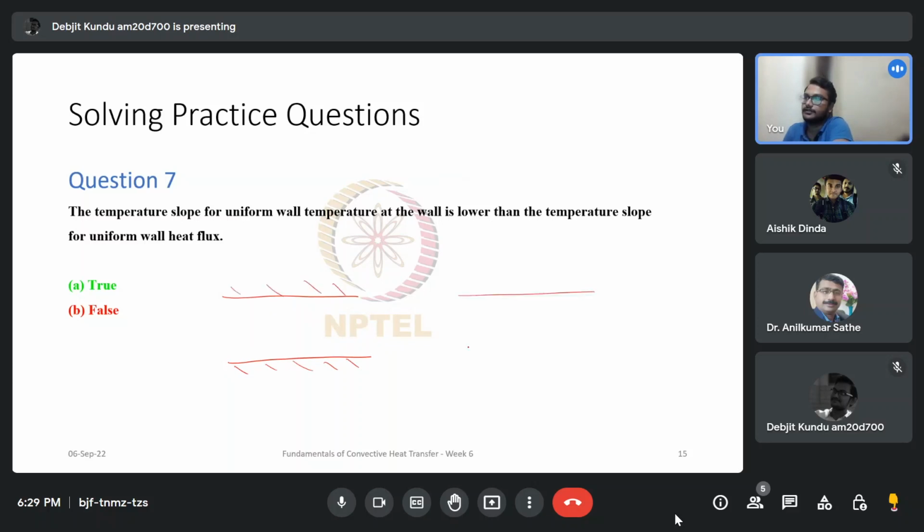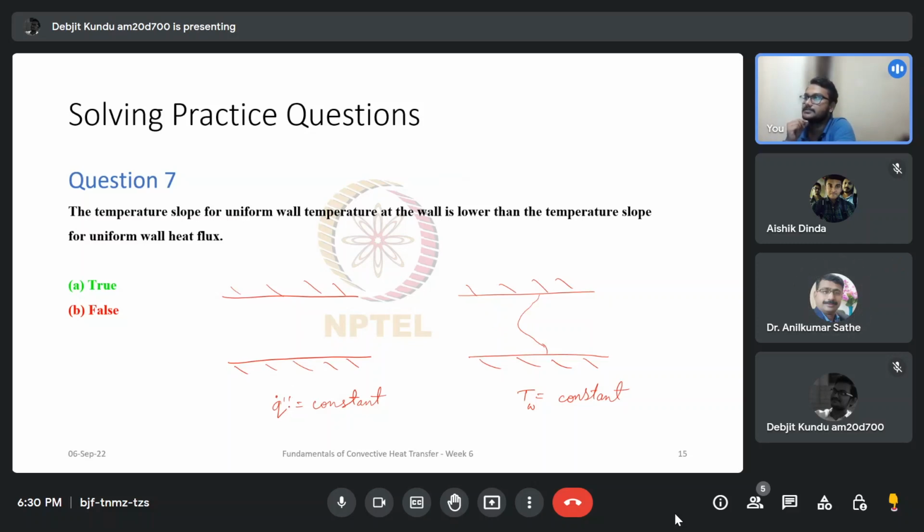If we compare the temperature profiles of the two cases, I will try to quickly draw two figures. So this one is for uniform heat flux, and this one is for uniform wall temperature. Here in the vicinity of the wall, the temperature profiles look kind of like this, and in between, the curve reaches a minima and then again follows an exact symmetric curve.